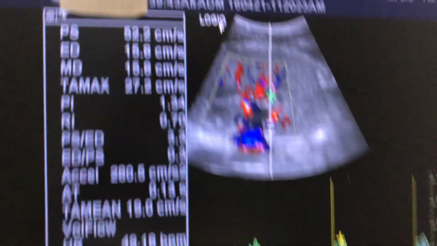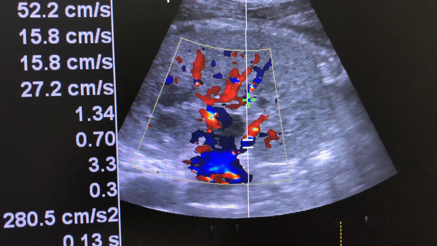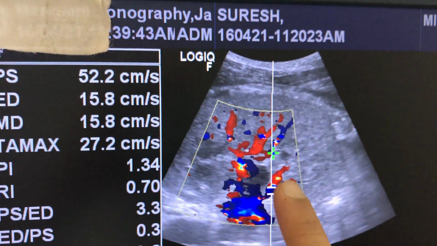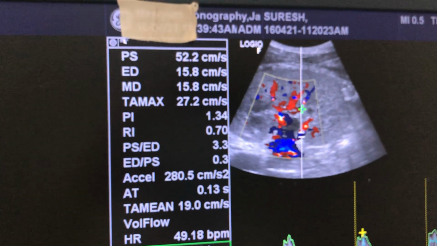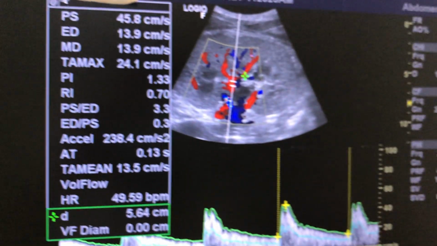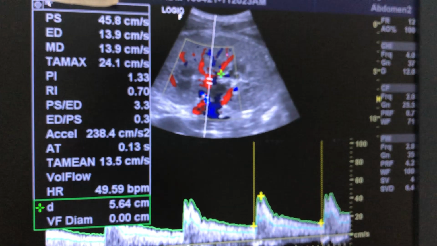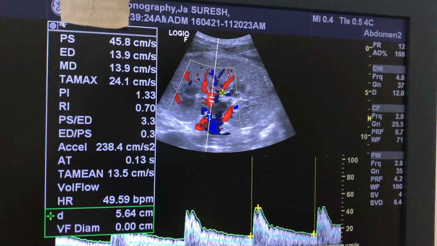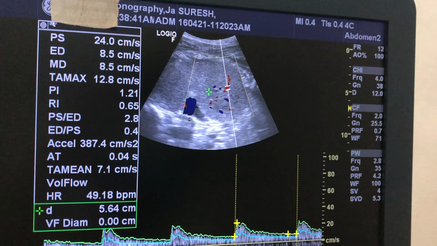I had taken it, this waveform is taken at this point, over here. It is just for keeping the record.